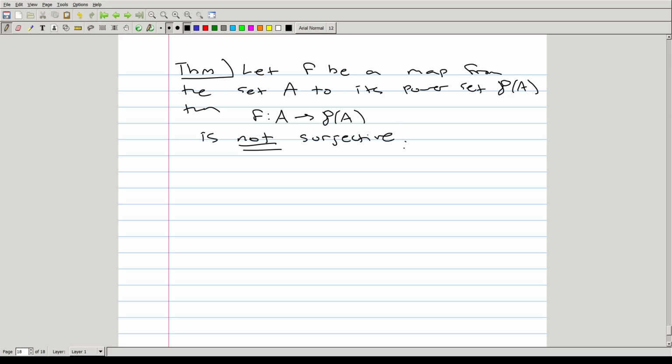There are no surjective maps from set A to the power set of A, but there are many injective maps from set A to the power set of A. As a consequence, the cardinality of any set A will always be strictly less than the cardinality of the power set of A.